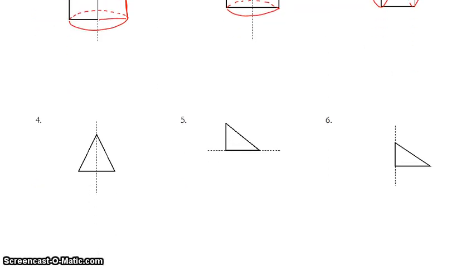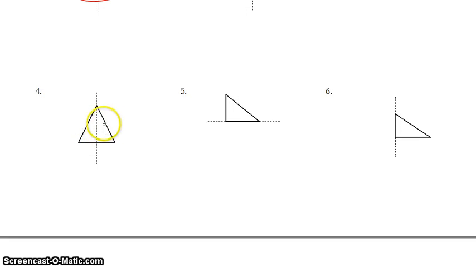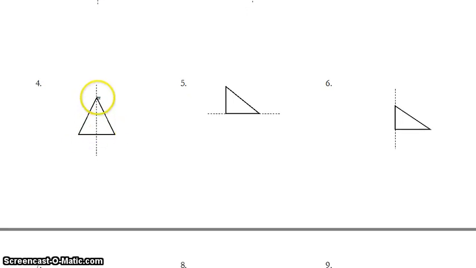Similarly with triangles, if I have my reflection, I'm in good shape. The only segment here that's perpendicular to the line of reflection or of rotation is this base. That's the only one where I have to draw my curve, and I get my cone.